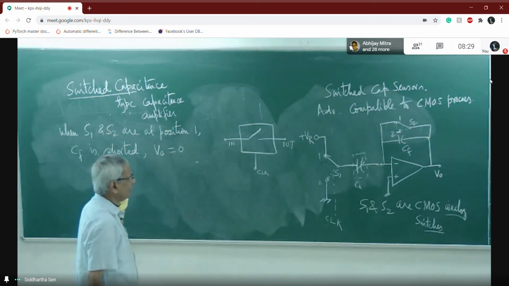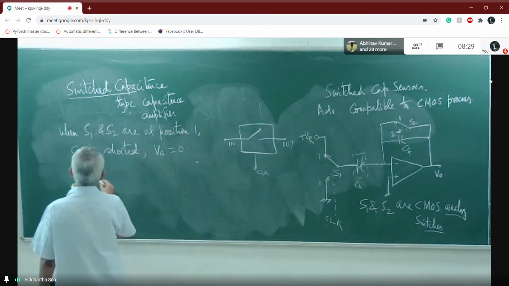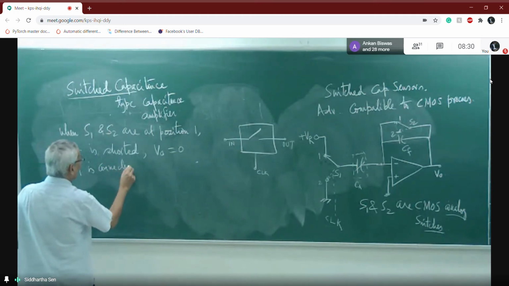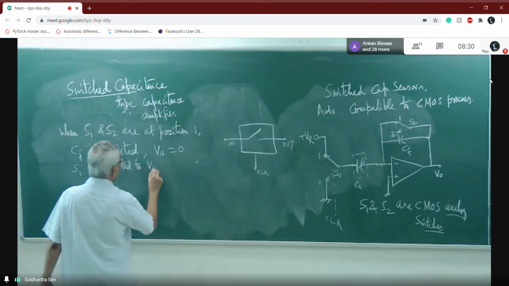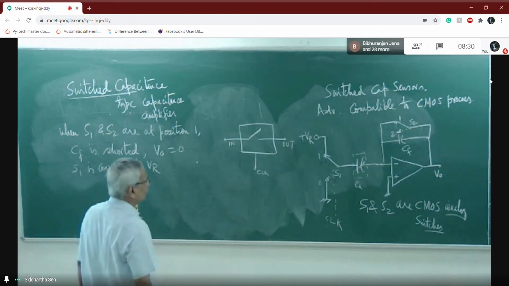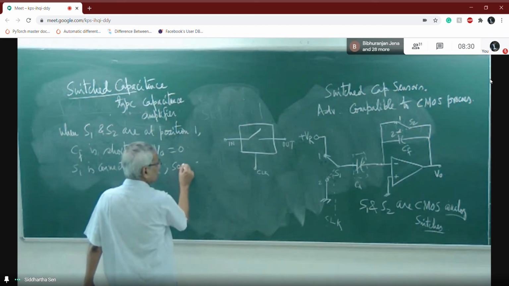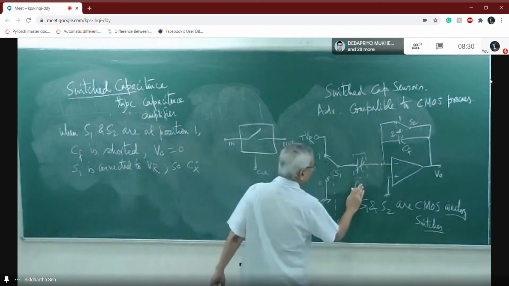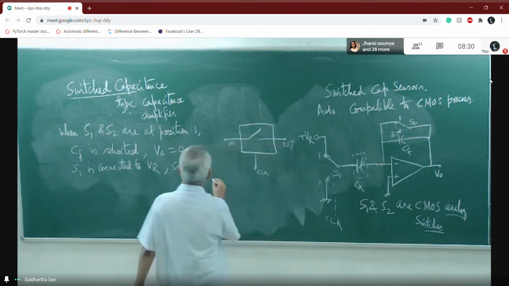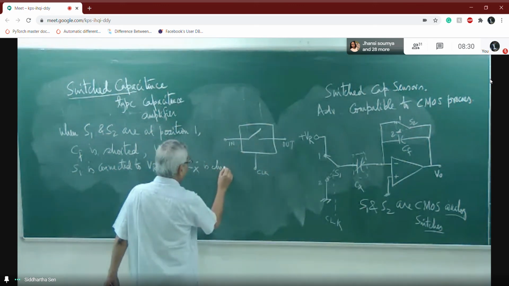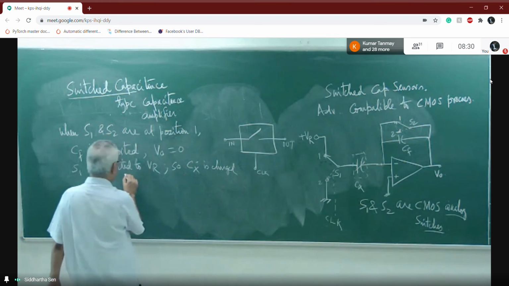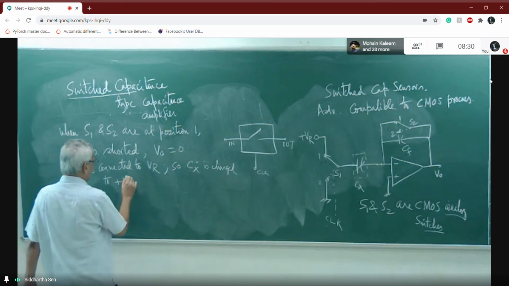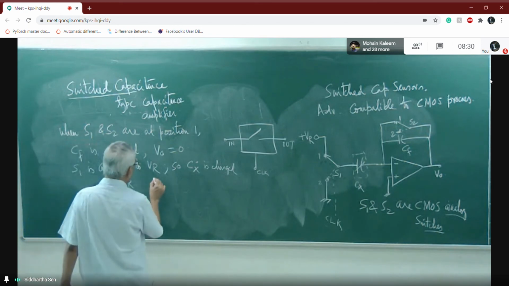And this one is connected to VR, that is the reference voltage. So CX, I called it CX, is charged to plus VR voltage.